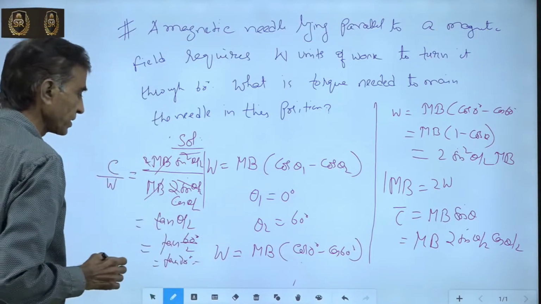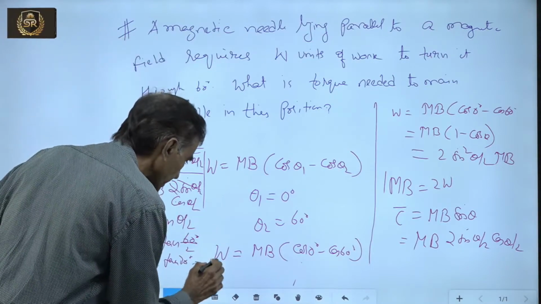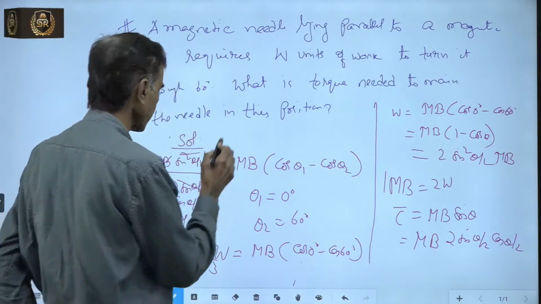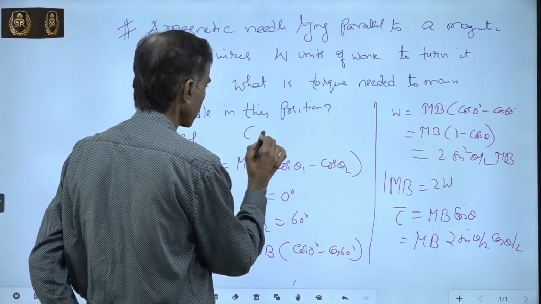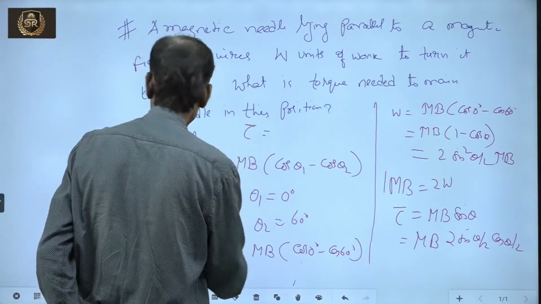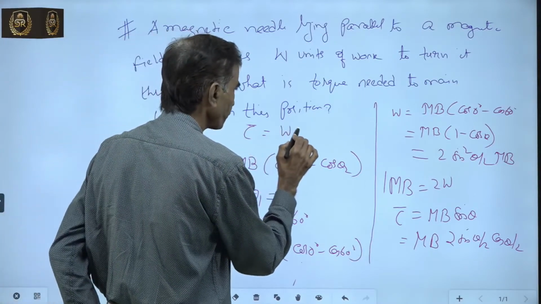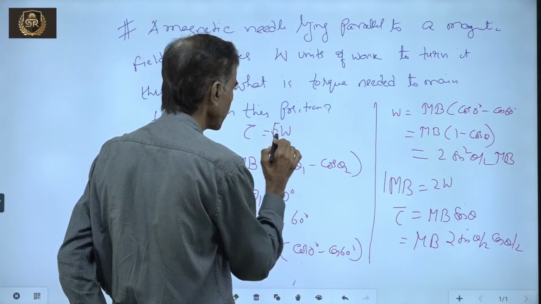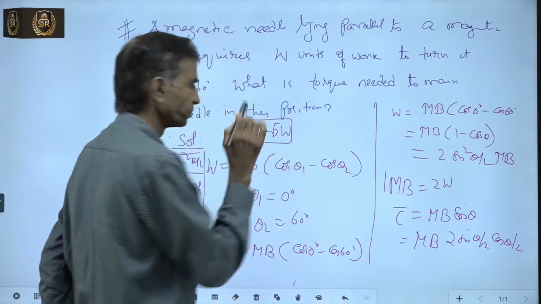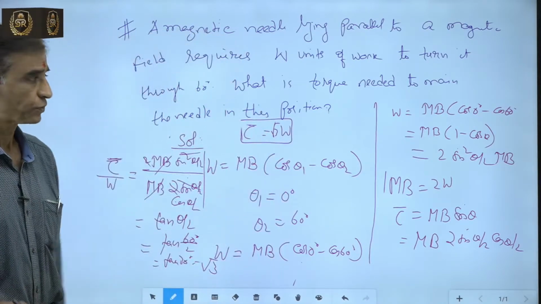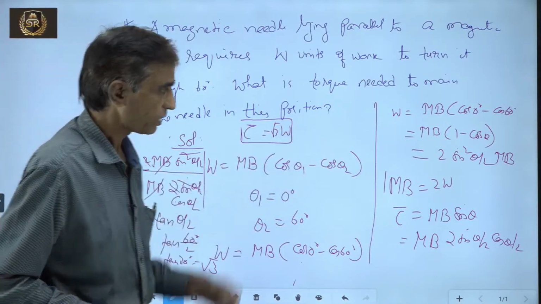Tan 30 is how much? Root 3, isn't it? So what is the work done now? Torque equal to W root 3. That is root 3 W.